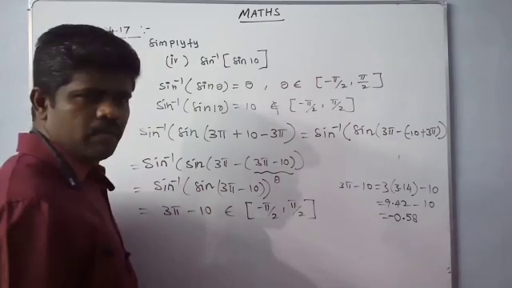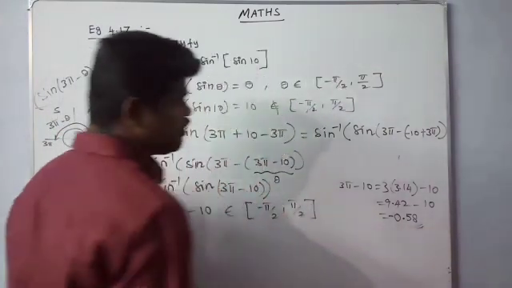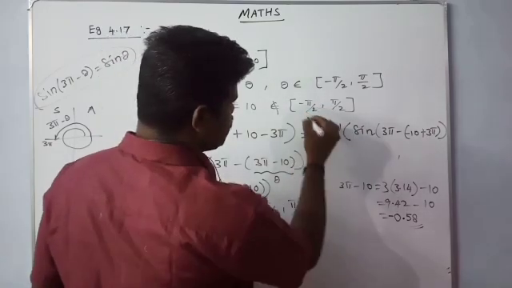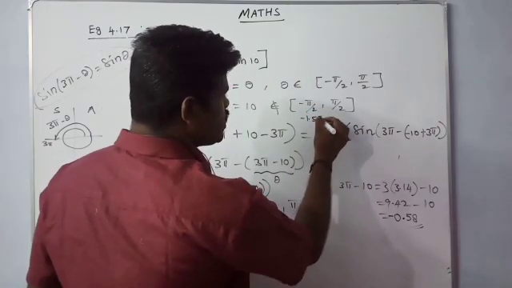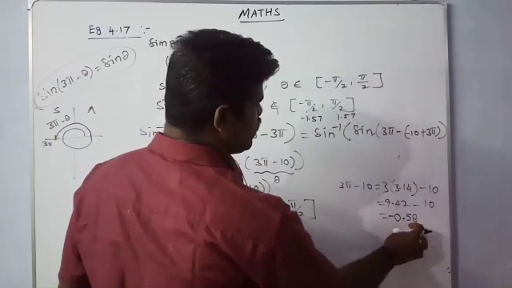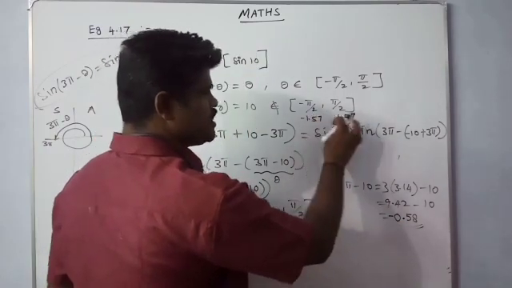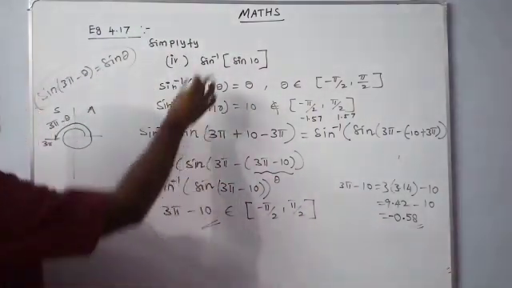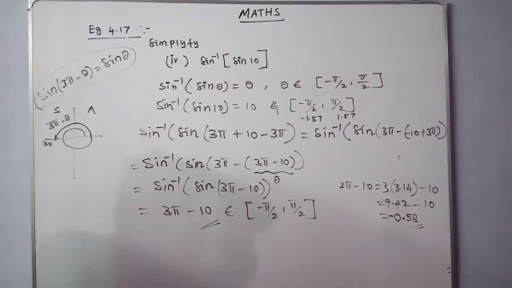The minus 0.58 lies between minus 1.57 and plus 1.57. So this is the value of this sum. Okay, refer the sum.